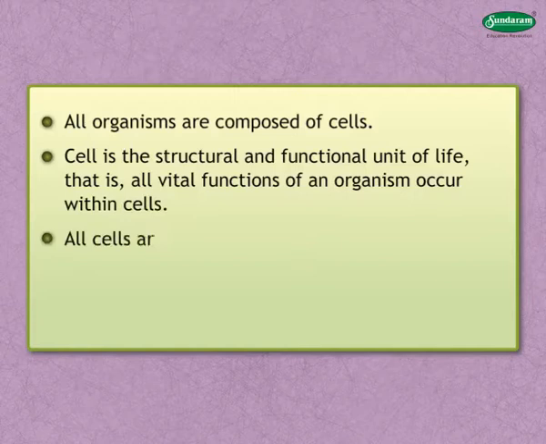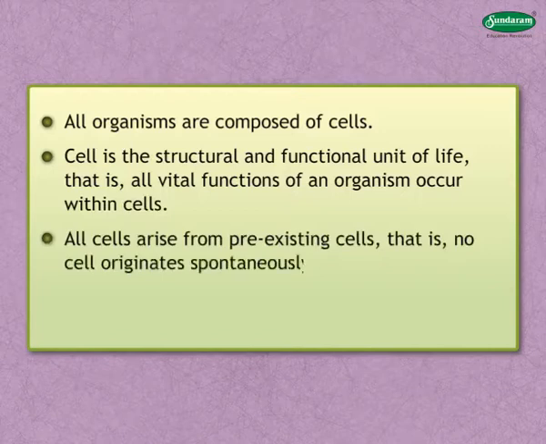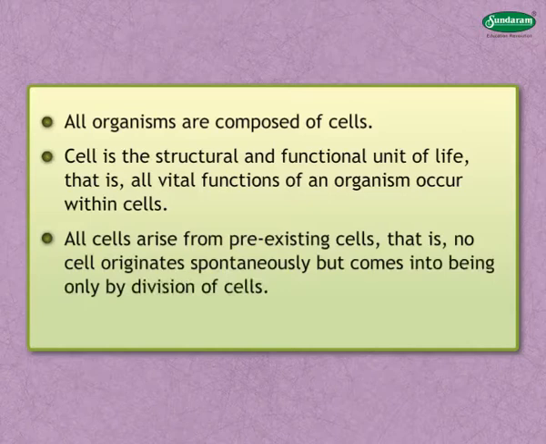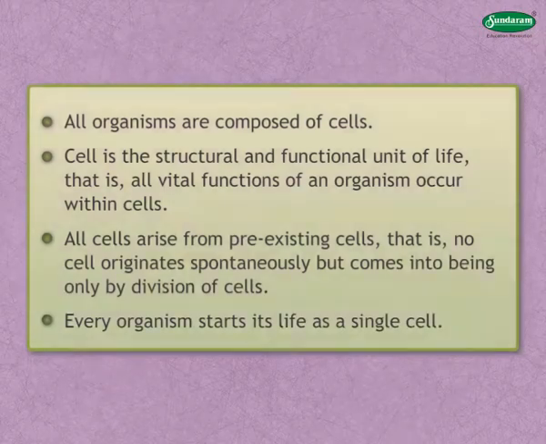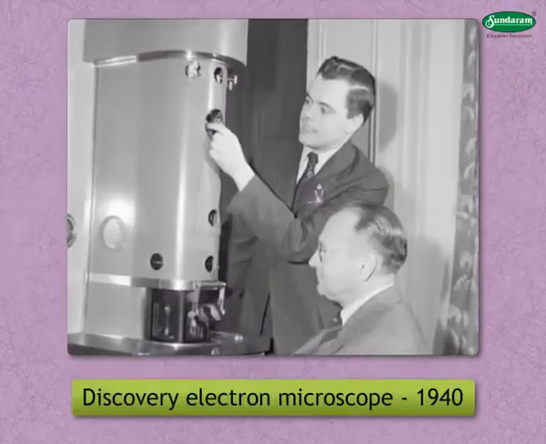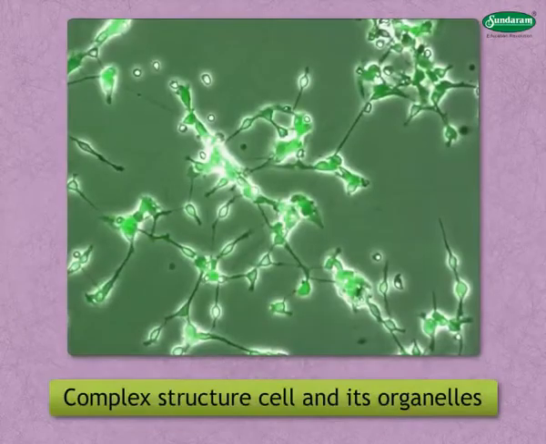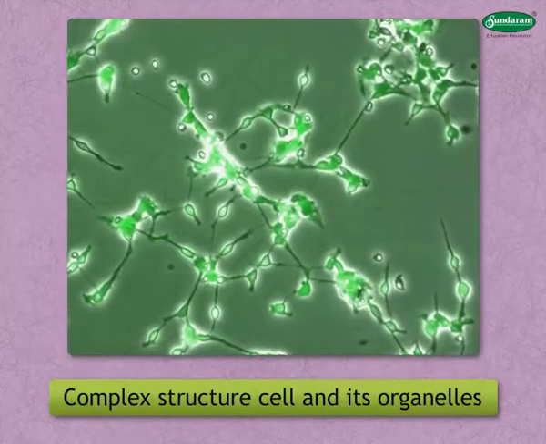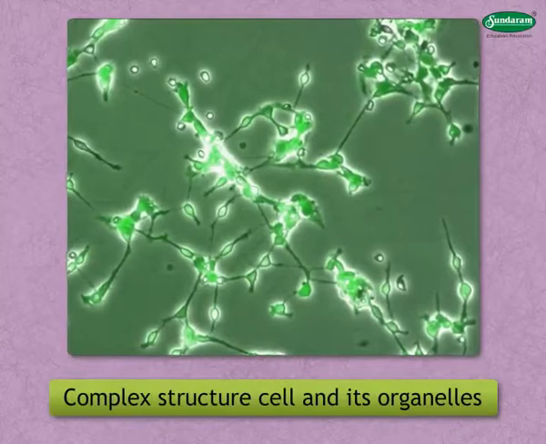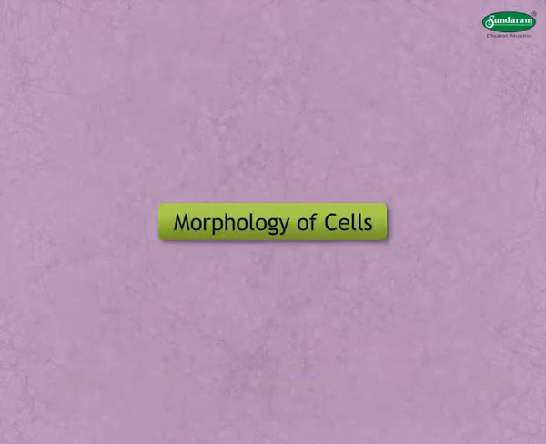All cells arise from pre-existing cells, that is, no cell originates spontaneously but comes into being only by division of cells. Every organism starts its life as a single cell. With the discovery of electron microscope in 1940, it was easy to understand the complex structure of a cell and its organelles.